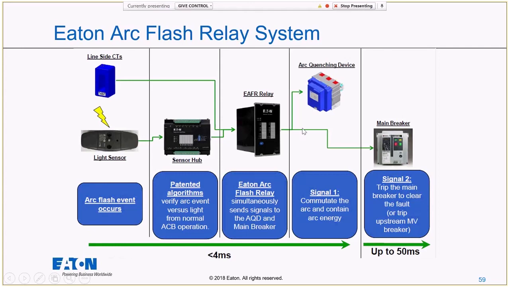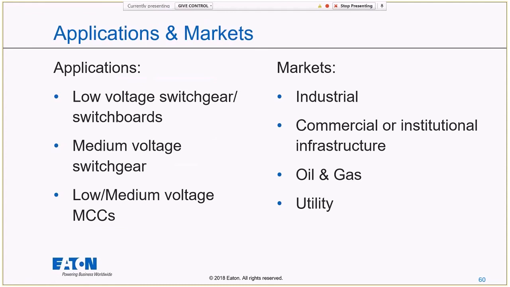The applications and markets we see for this: low voltage or medium voltage switchboards, switchgear, and MCCs. So that's definitely where we would see something like this being installed. Our markets are industrial, commercial or institutional, infrastructure, oil and gas, utility, really anyone who is interested in lowering their arc flash hazards. So anybody who comes to you saying, what solutions do you have to reduce my arc flash?